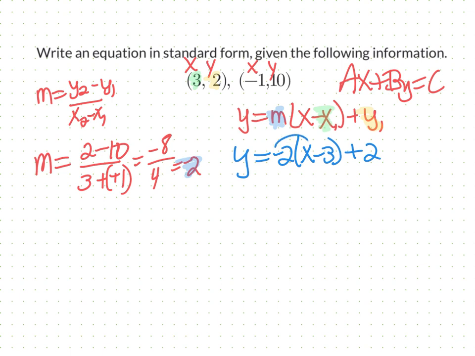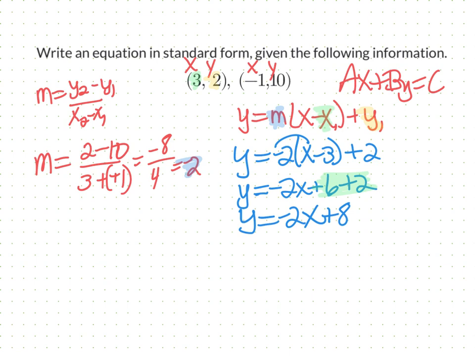Okay, let's distribute. Plus 6. And again, remember, these will combine. So we have y equals negative 2x plus 8.